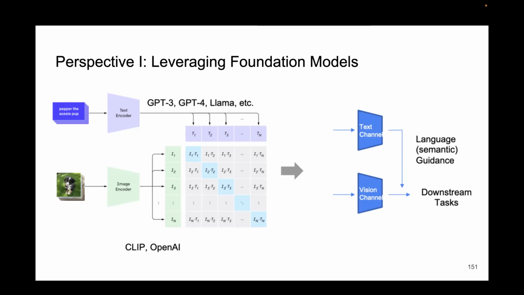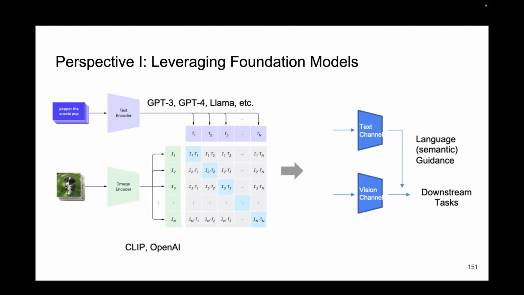And CLIP is the first and pioneering work to close the gap, hopefully leveraging the strong semantic understanding capability from the text model, from the large language model, to lift up the understanding of the visual models. They utilize a very successful and canonical way, which is to contrastively learn the visual embeddings towards their corresponding positive pairs of text embeddings.